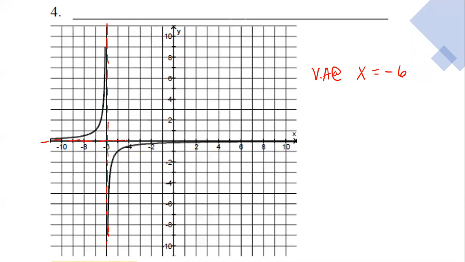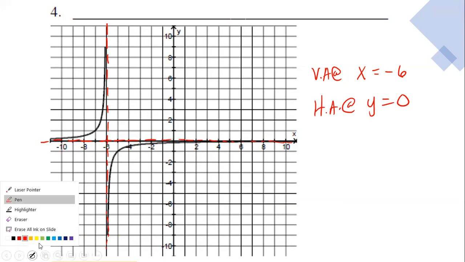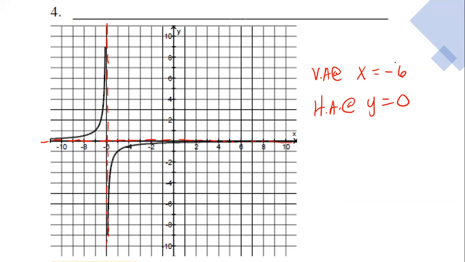At y equals 0. So we had a vertical asymptote at x equals negative 6, and a horizontal asymptote at y equals 0. So these are our what parameters? This is our C, and this is our D.